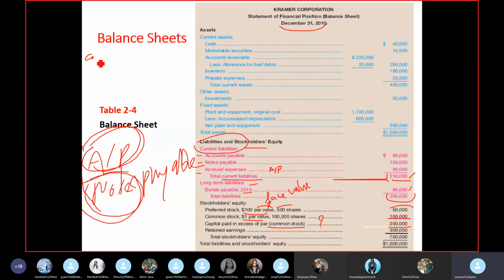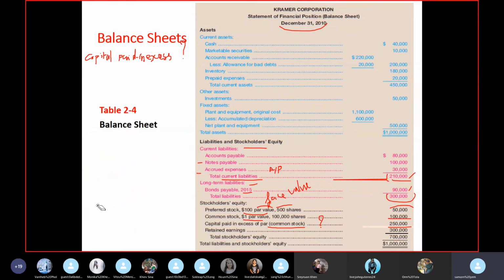It is also common stock. What is capital paid in excess? Does anyone know it?